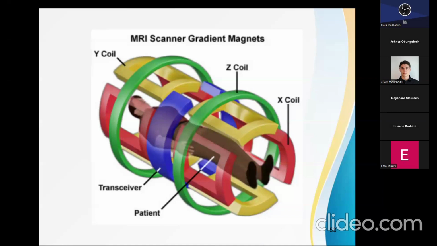If you look at this, for instance, we could say that the green ones are the Z gradient coils, and the red and yellow are the X and Y gradient coils, depending on what you consider as X and what you consider as Y.